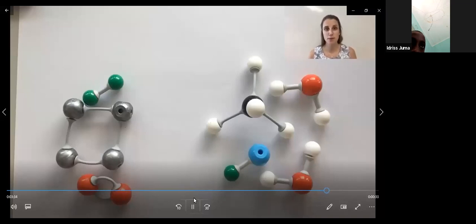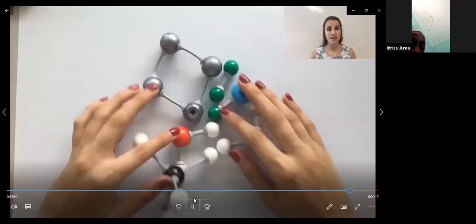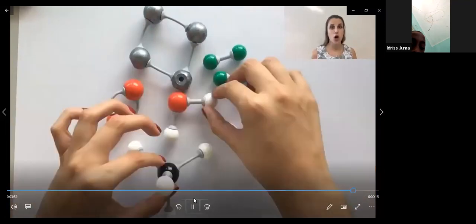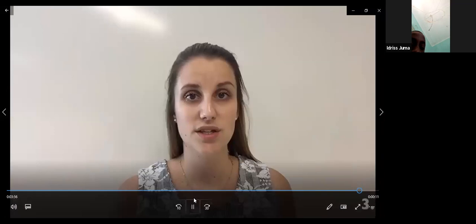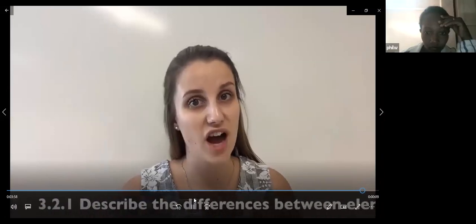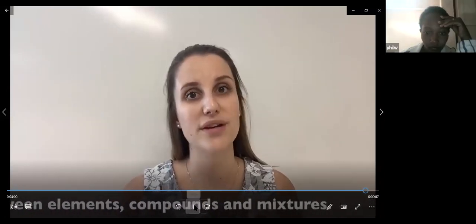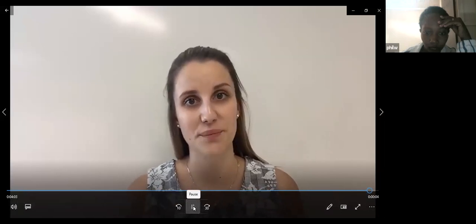Each one of these species contains more than one colored ball, and that means more than one type of atom, so that makes it a compound. Because all of them are different, they have to be a mixture of compounds. If I mix all of this together, that now means I've got a mixture of compounds and elements all together. So hopefully you feel more confident in defining what an element, compound, and mixture is after watching this video.